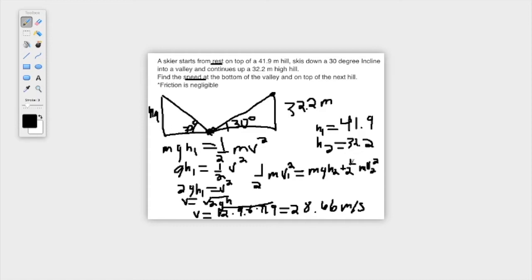So again, the masses cancel out, so you get 1/2 v1 squared equals gh2 plus 1/2 v2 squared.